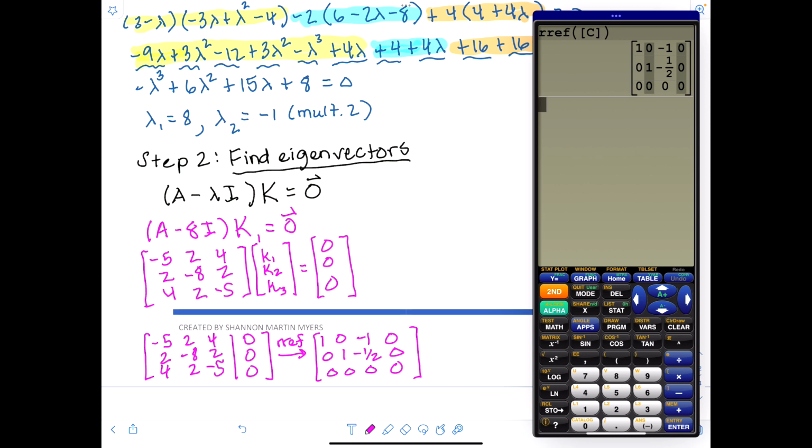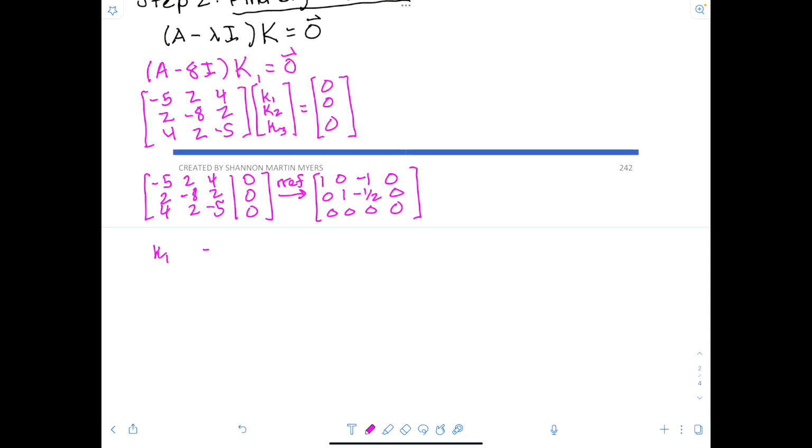And so we will have the following: K1 minus K3 is 0, which means that K1 equals K3, and then K2 minus 1/2 K3 equals 0. So that gives us K2 is equal to 1/2 times entry K3.